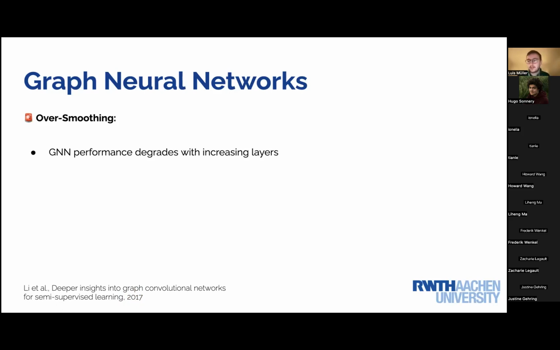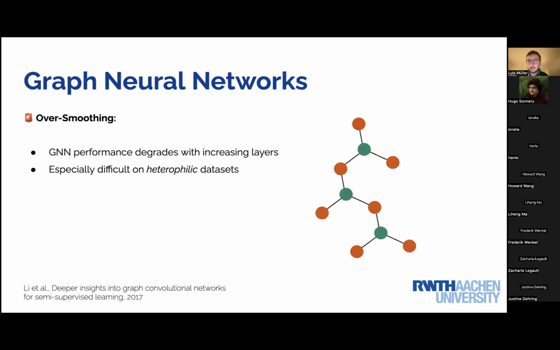A standard neural network approach to solving this is adding residual connections, and a lot of that has been done. But there remains a problem with a specific type of graphs, so-called heterophilic graphs. I brought an example here on the right side. This is essentially the case where we assume that the feature vectors of green and orange are very far apart in feature space.